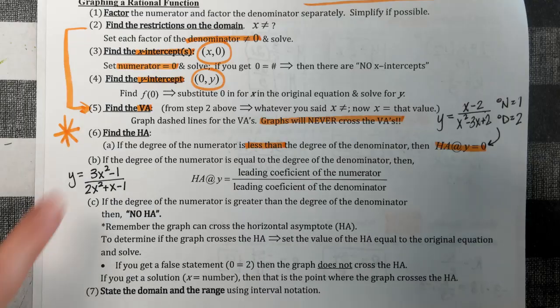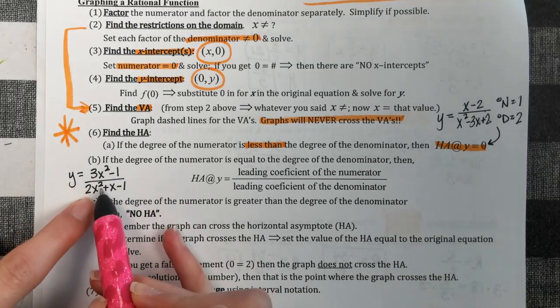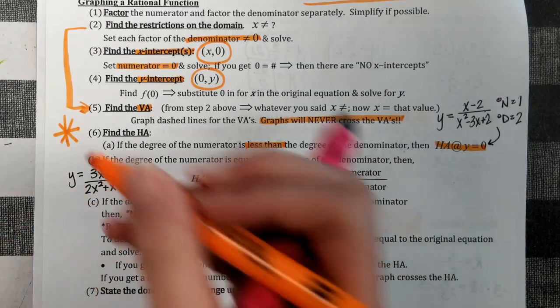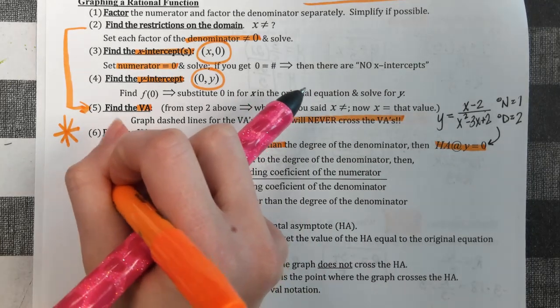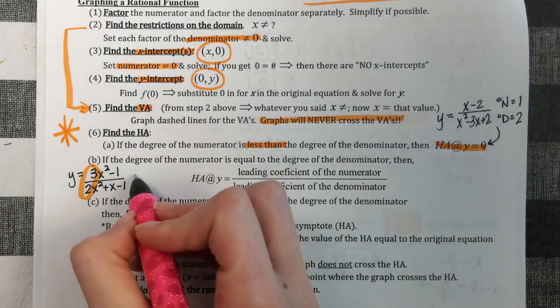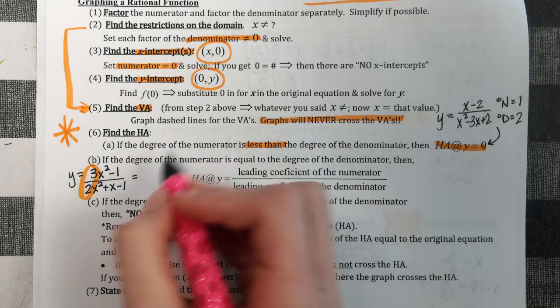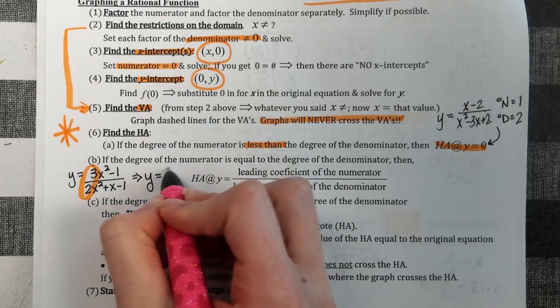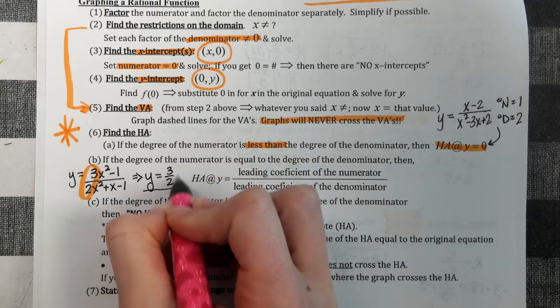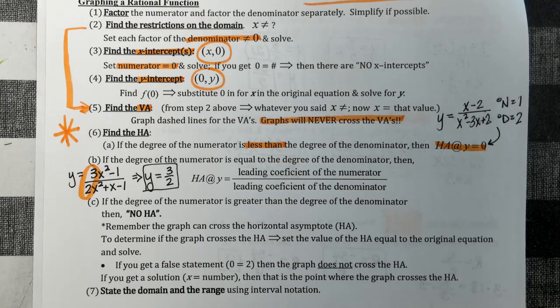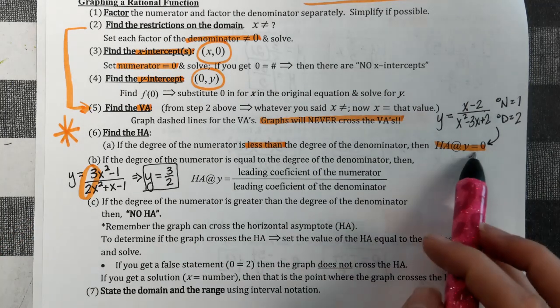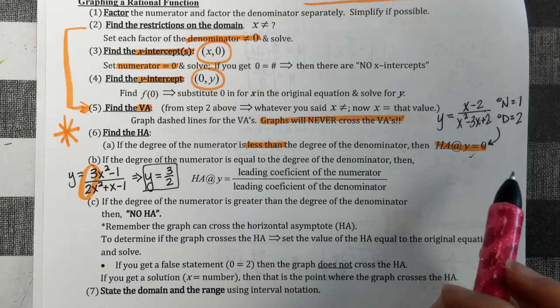Okay, the degree of the numerator is 2, the degree of the denominator is 2, so what you do is you take a ratio of the leading coefficients. So that just means you divide 3 and 2, so that becomes y equals 3/2 for your horizontal asymptote. So that could change. It's not one set thing like the y equals 0. It depends on your problem.